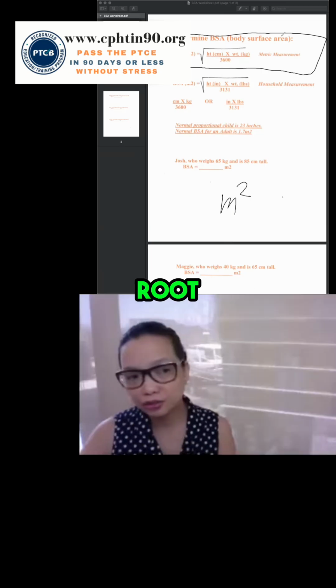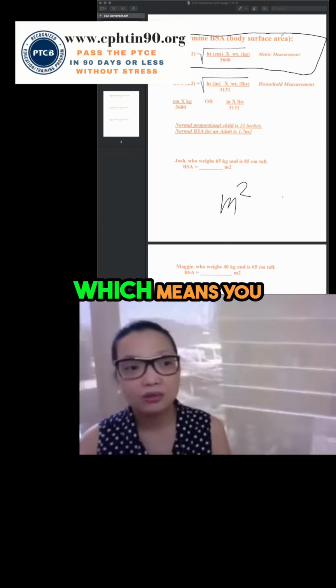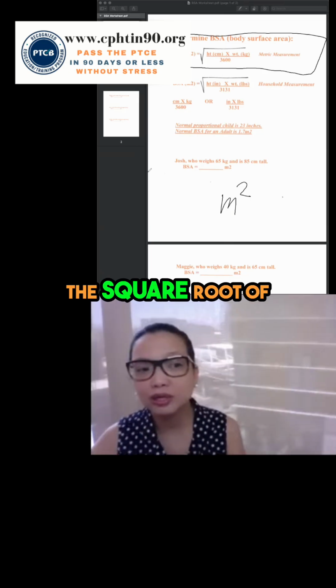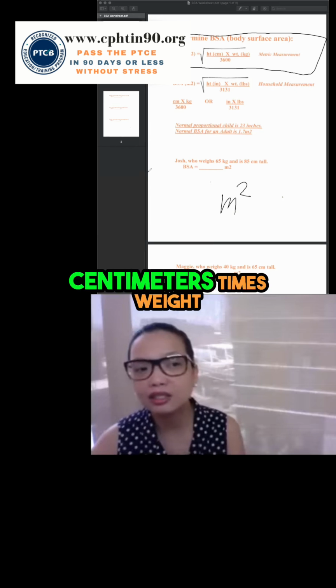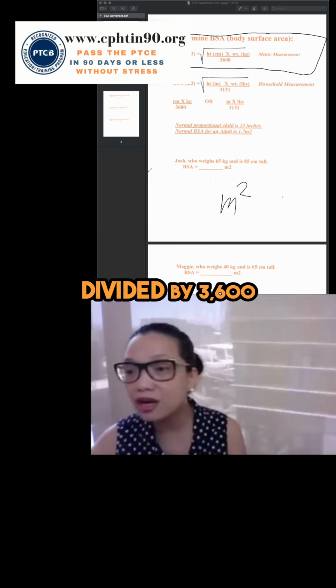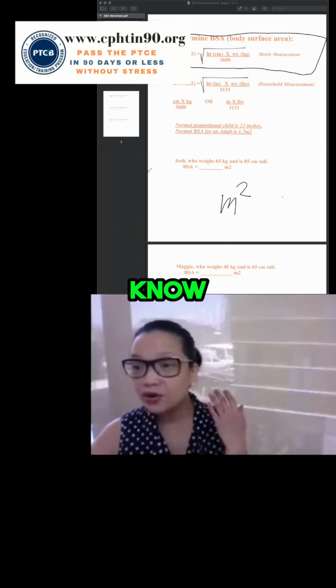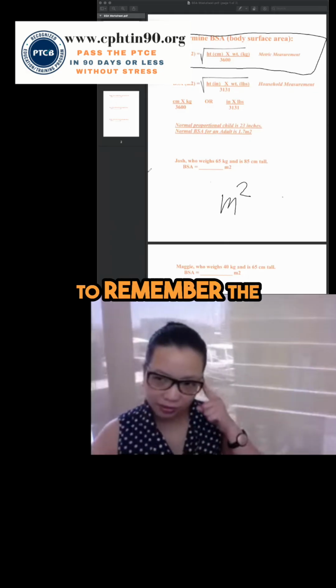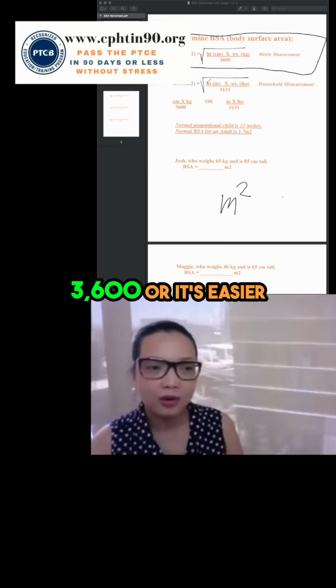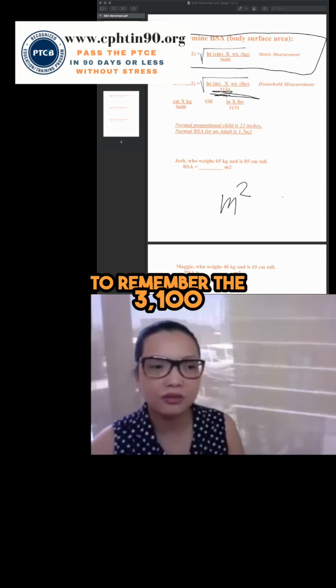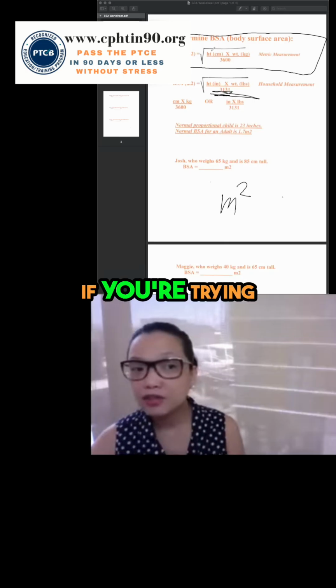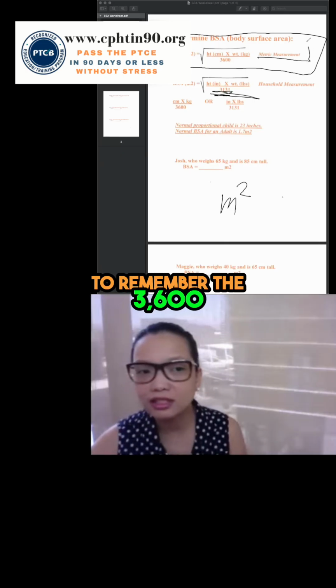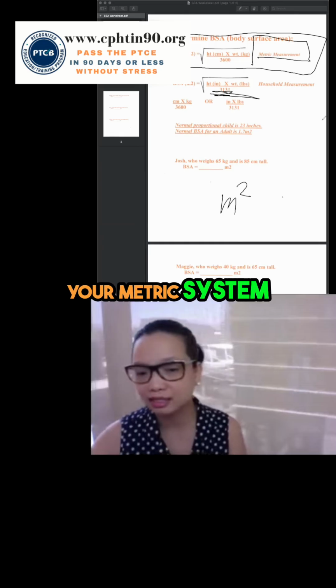The square root covers everything, which means you have to get the square root of your height in centimeters times weight divided by 3,600. I don't know if it's easier to remember the 3,600 or the 3,131. But note, if you're trying to remember the 3,600, that would be your metric system. Is that clear?